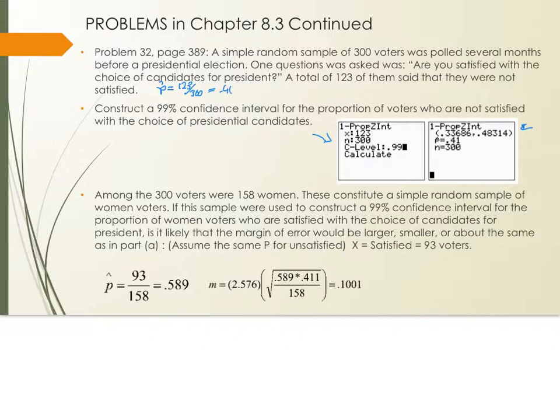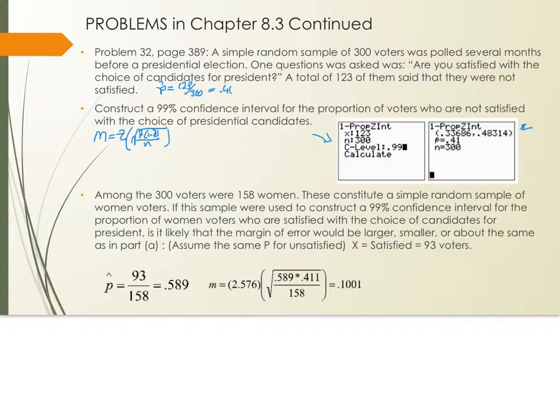Now we want to calculate the margin of error. The margin of error is equal to z times the square root of p hat times 1 minus p hat over n.